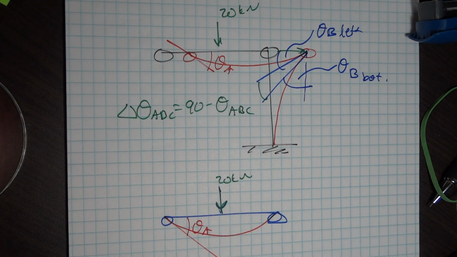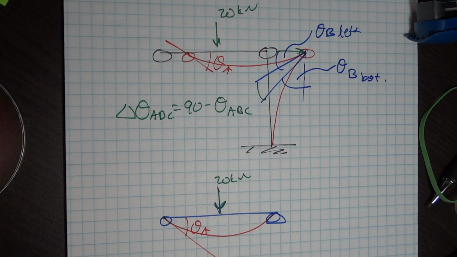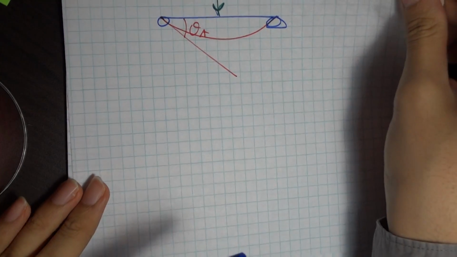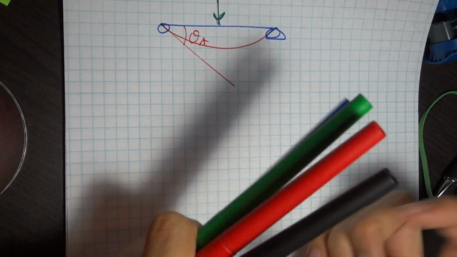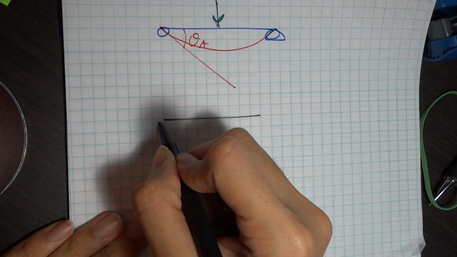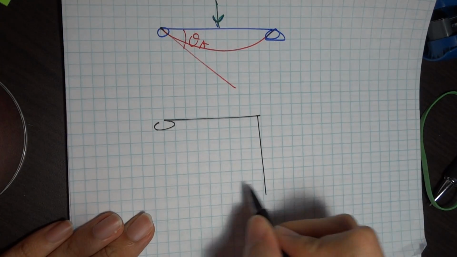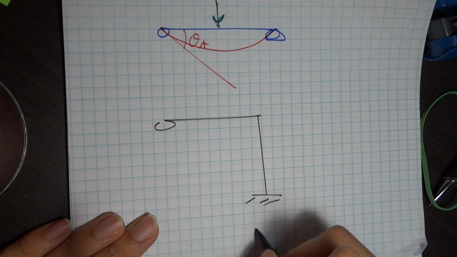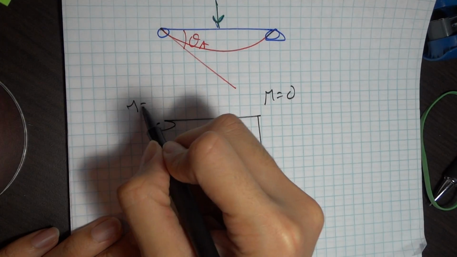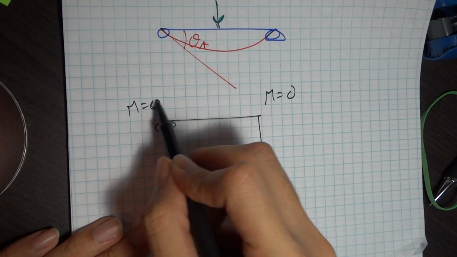Okay, so when you're actually solving this problem, the first thing you want to do, like you do for all moment area problems, is draw your moment diagrams. Again, if you need help drawing the moment diagrams, please see one of us at this point in the semester. I'm not going to draw those for you, but you should have some M naught here, M equals 0 here, M equals 0 here.